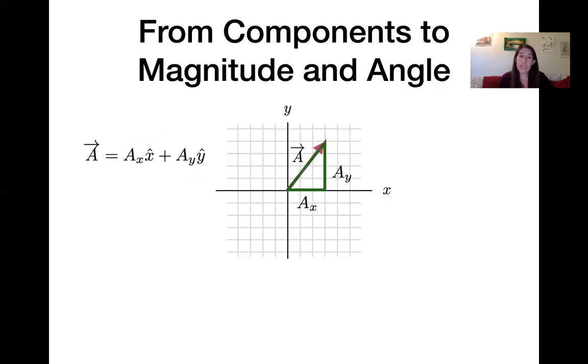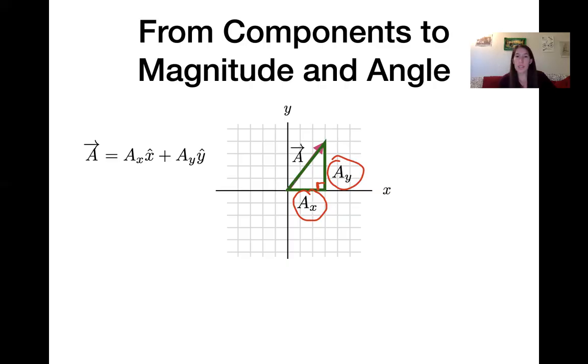Well, what you'll notice is if I draw this vector on this Cartesian grid, I can draw over it a triangle. It really forms a right triangle where this angle here is 90 degrees. And the length of this side of the triangle is the x component of our vector.